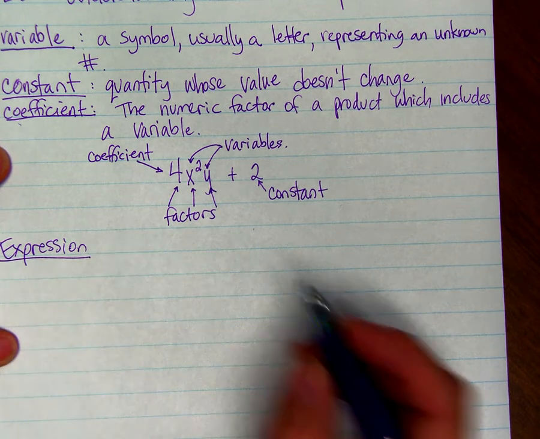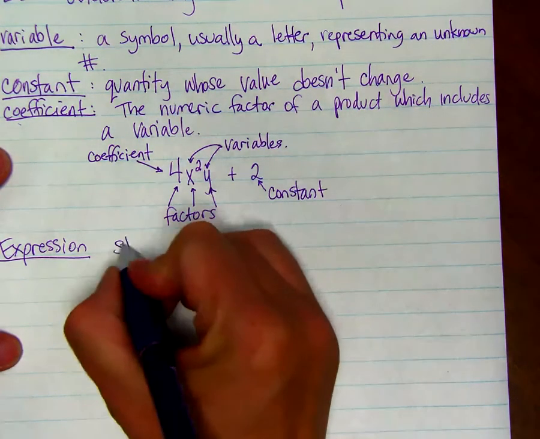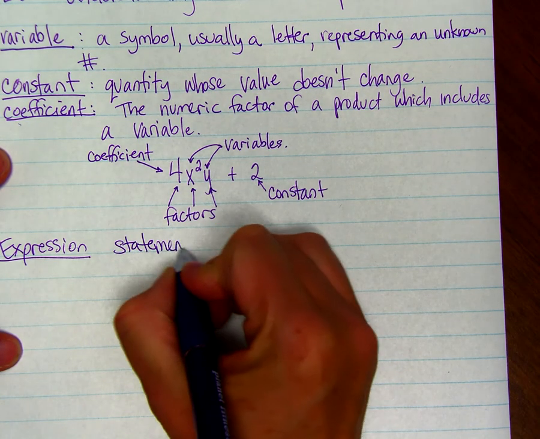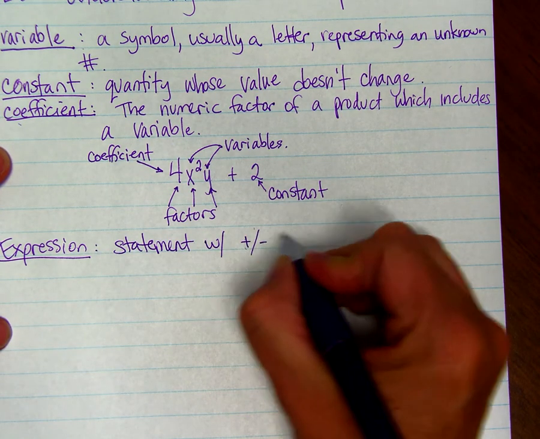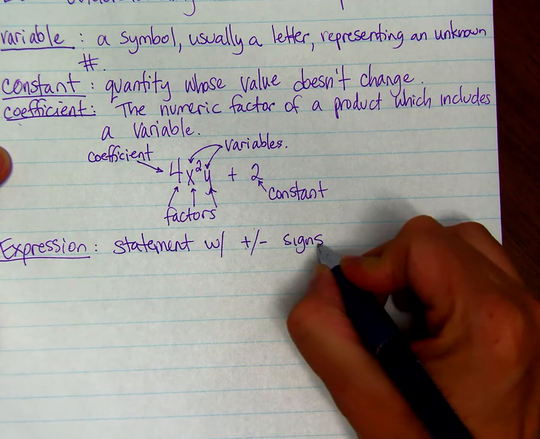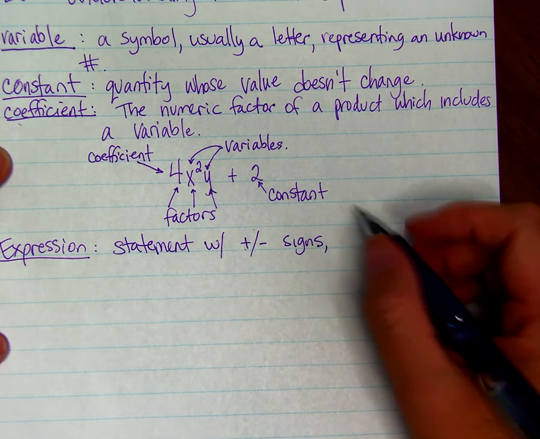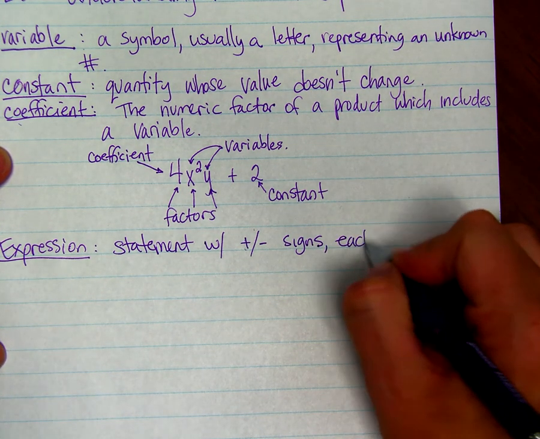Now an expression, another vocab word, is a statement with plus or minus signs. And each part is called a term.